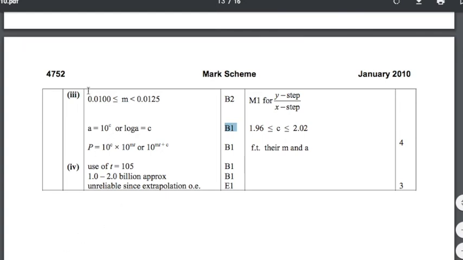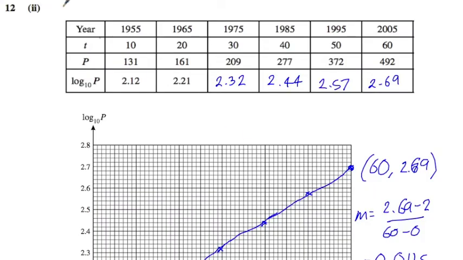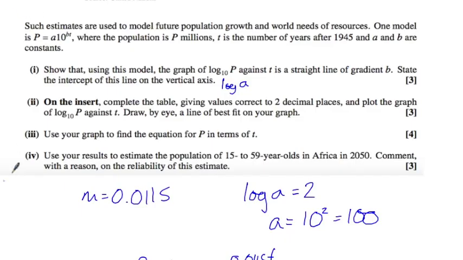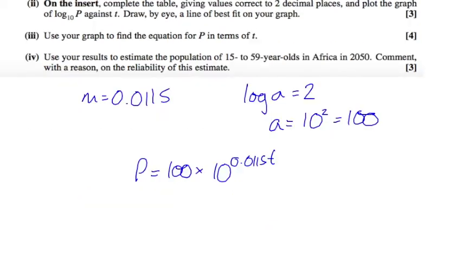Alright, so last part of the paper. Use your results to find an estimate of the population in 2050. So 2050, if you remember it's so many years after 1945, that's going to be 105 years after. So we're going to have to sub in 105 into our equation.